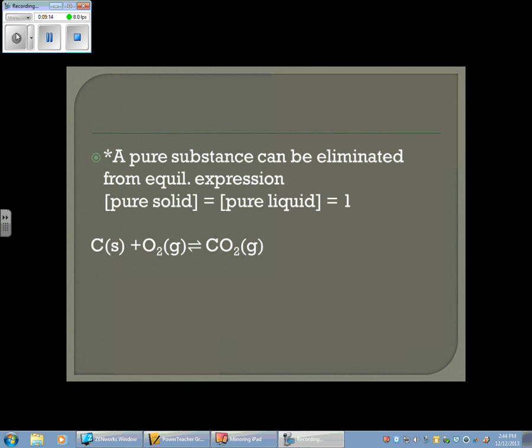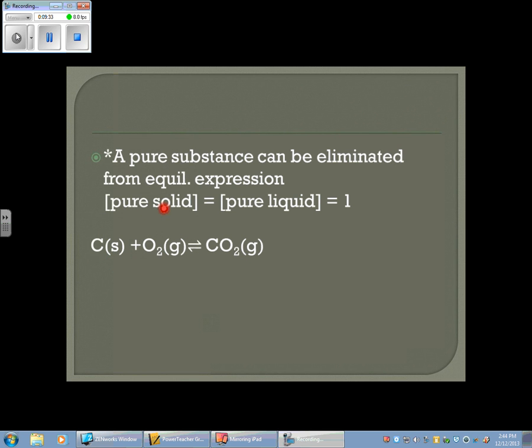There is a little trick here with writing equilibrium expressions. A pure substance can be eliminated from the equilibrium expression. And you have to watch out for this, and you have to pay attention to the states of matter that things are in a reaction.